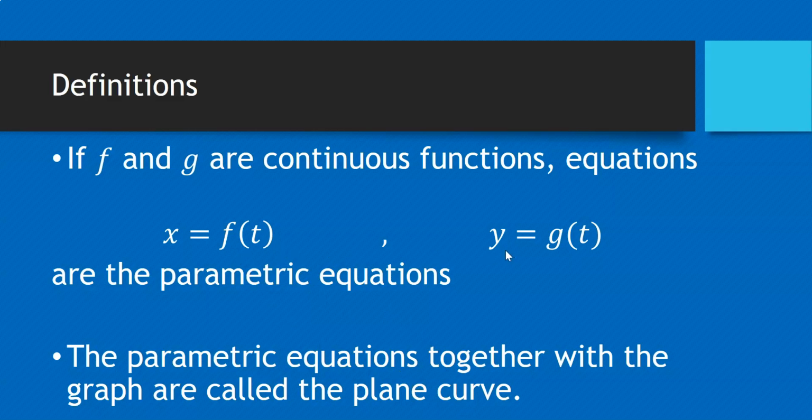Now, one thing I haven't mentioned yet is that since we're defining x and y separately, x does not necessarily have to be a function of y, and y does not need to be a function of x. So this also allows us to deal with non-functions. It allows us to deal with, for instance, conic sections, parabolas on their sides, and things of that nature.